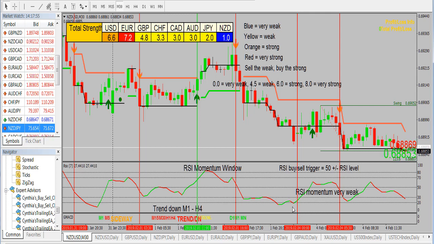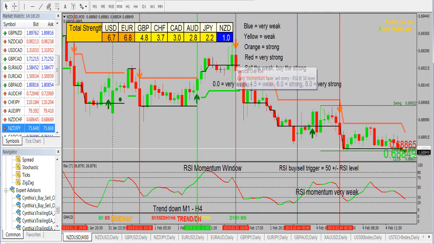The momentum is very weak, but then you had another big bear candle here which pushed down, but then again the momentum is very low at the 20% level. But then the green line crosses above the 30% level, so that tells you momentum is picking back up and you're done taking any sell re-entry trades.